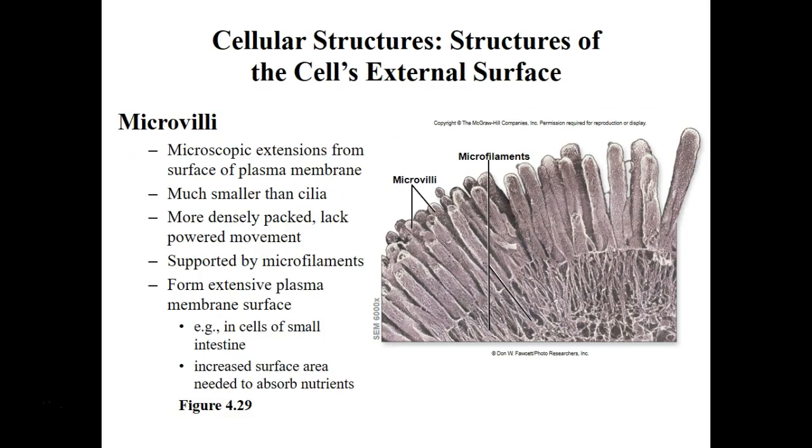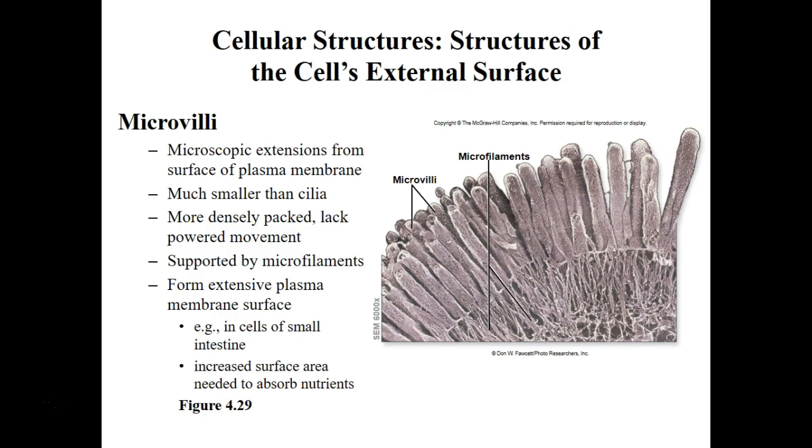The last structure we'll talk about then are microvilli. These are also extensions from the plasma membrane, but they're very, very small. They're microscopic. Cilia are microscopic, so they're all microscopic, but these are super tiny, and they are typically really, really densely packed. They don't function in movement.